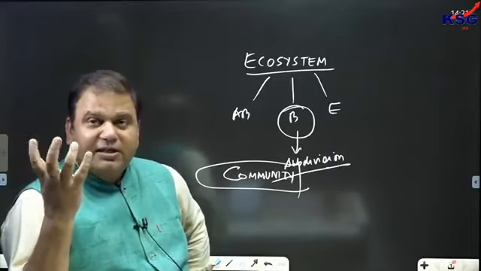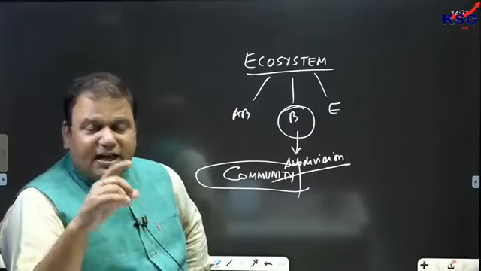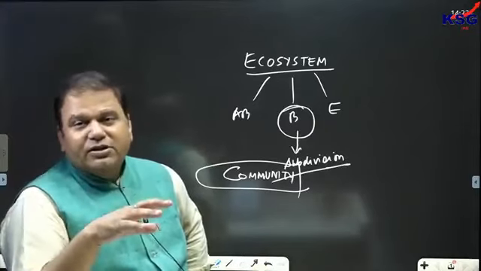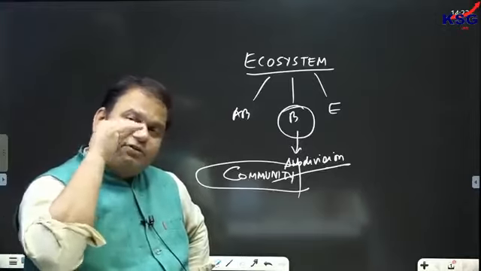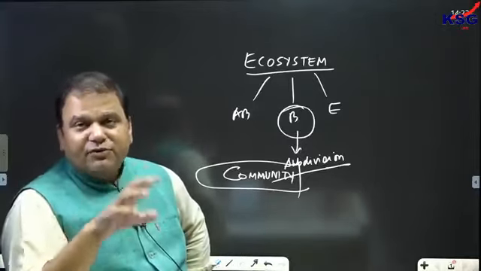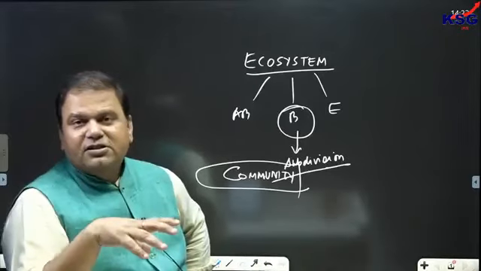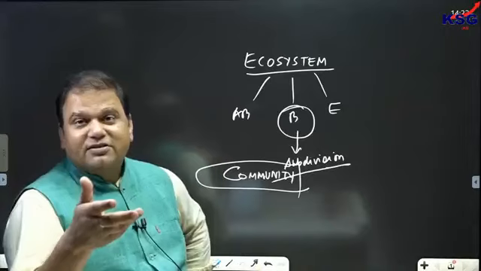Owls, vultures, eagles would be forming a community of their own. So we can see that within an ecosystem, there can be different levels of community. And members of a community perform certain functions for their maintenance.